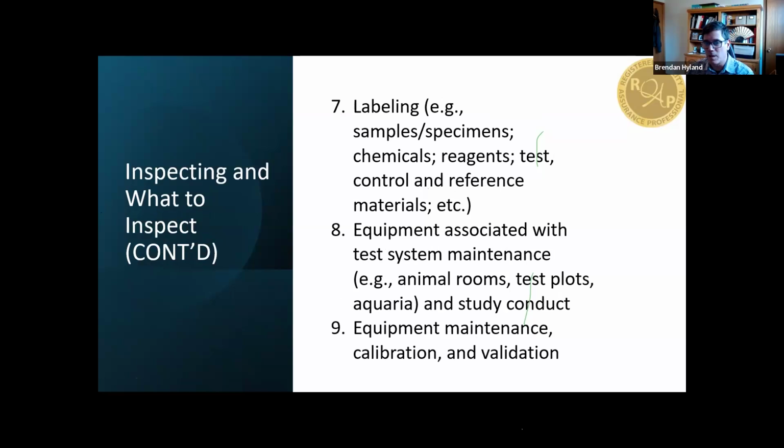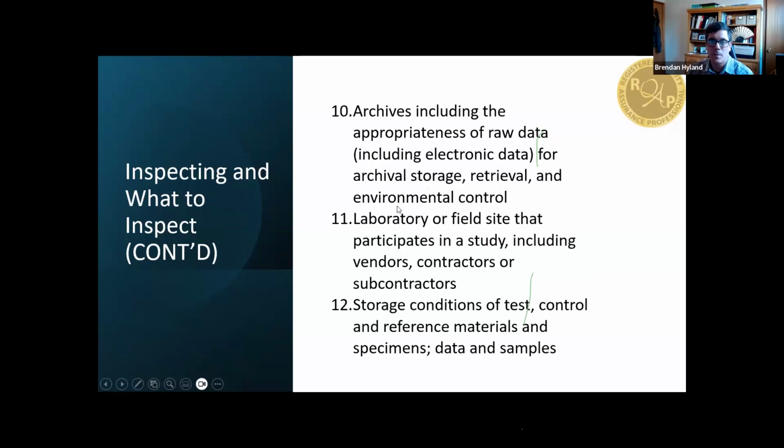We want to inspect equipment associated with test systems maintenance. For example, the animal rooms, test plots, aquaria, and study conduct. Equipment maintenance records, calibration and validation records. The archives, including the appropriateness of raw data, including electronic data, for archival storage, retrieval, and environmental control.